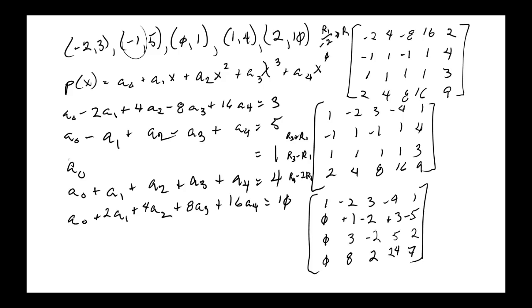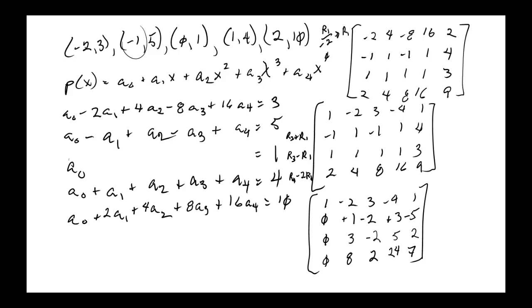Third one is just a0 plus 0 plus 0 plus 0 plus 0 equal 1. So we know a0 is equal to 1. That's nice, because that we can, I'll show you what we did next. Okay? Next one is a0 plus a1 plus a2 plus a3 plus a4.